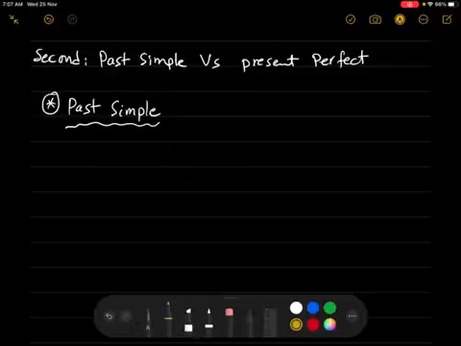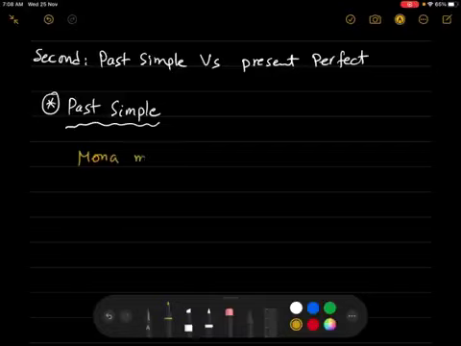Again, we use the past simple when we talk about a completed or finished action in the past, and we have an opportunity to specify the point of time in the past at which the action was completed or finished.